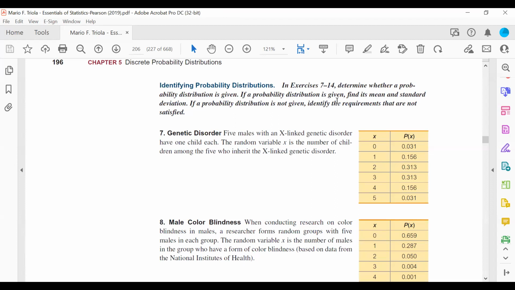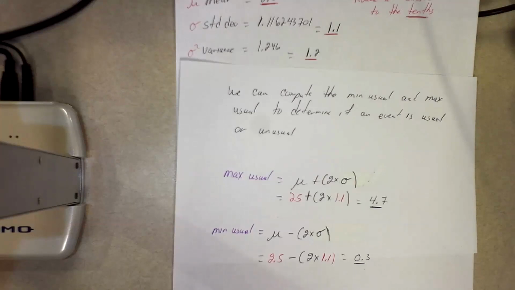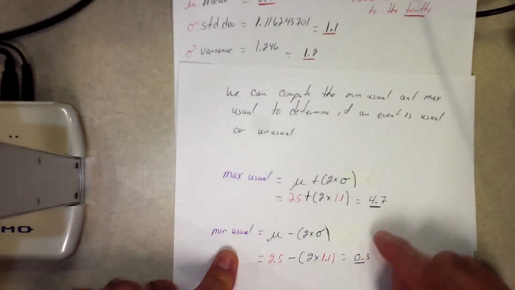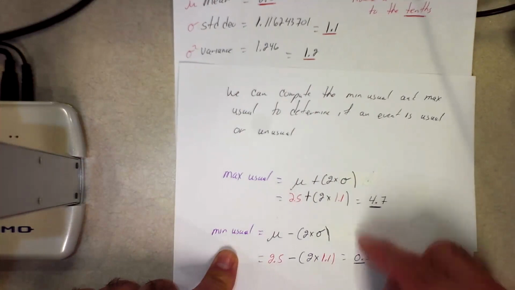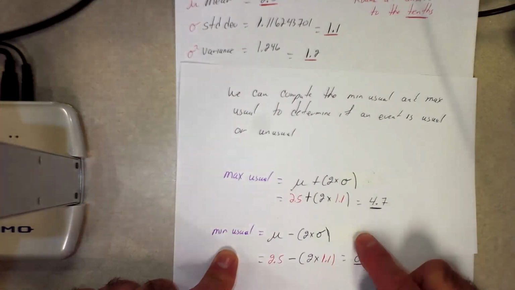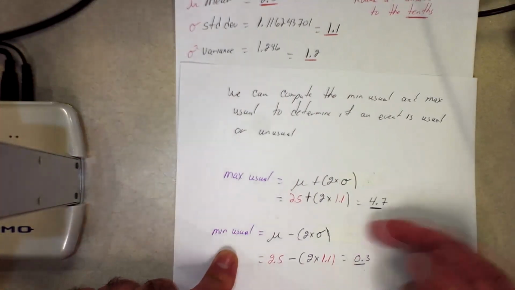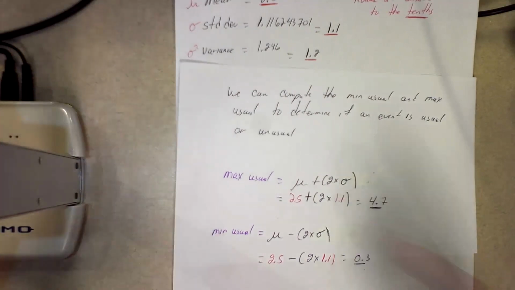So X represents the number of children. If you conduct the study and you find that 4 children have that genetic disorder, would that be usual or unusual? 4. Well, as you recall, if there's a number that they gave you and it falls in between, that means it's usual. So 4 would fall in between, so that would be usual.